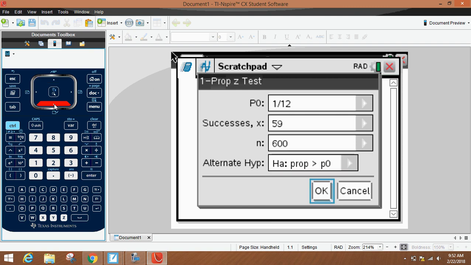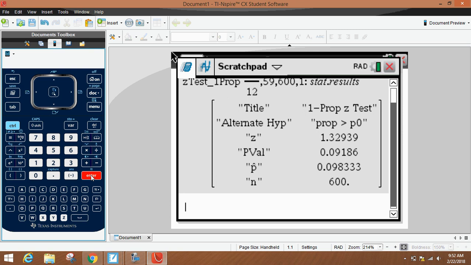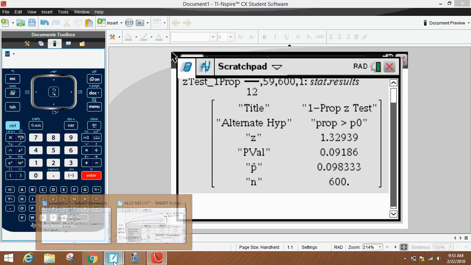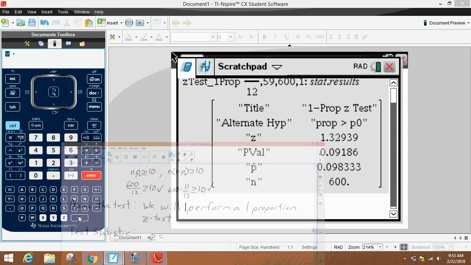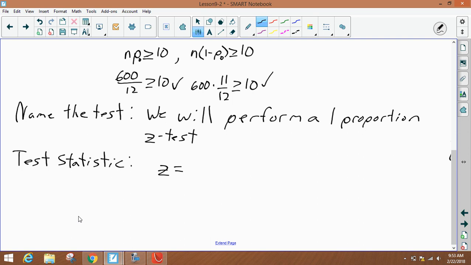We go ahead and hit enter, and we get our p-value. What I was really interested in right now is p hat. So approximately 0.098. We have to put this in our formula, even though our calculator just gave us the answer. We'll talk about how to interpret that here in a moment.